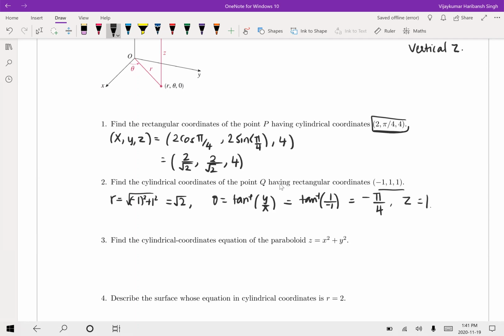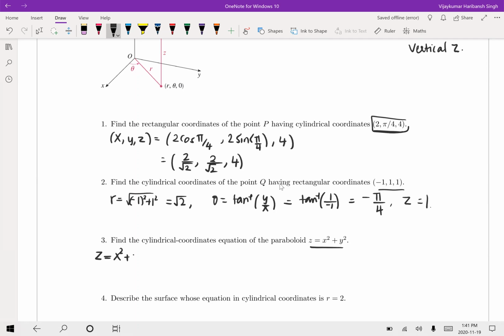Now the question is, what kind of regions are nice in the cylindrical coordinate setup? Let's work it out with a few examples. We have z equals x squared plus y squared. It's a paraboloid.